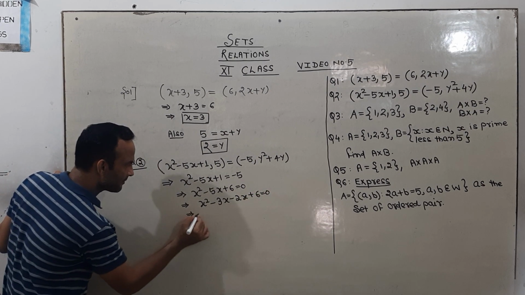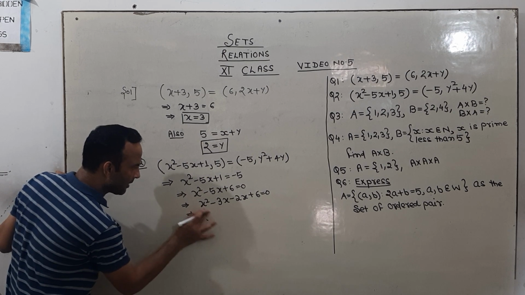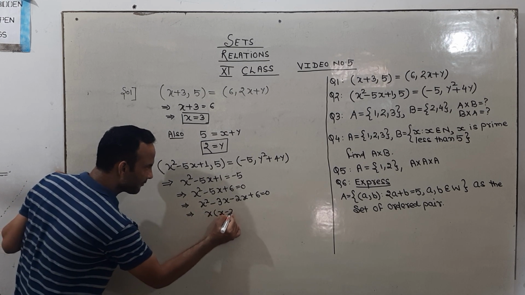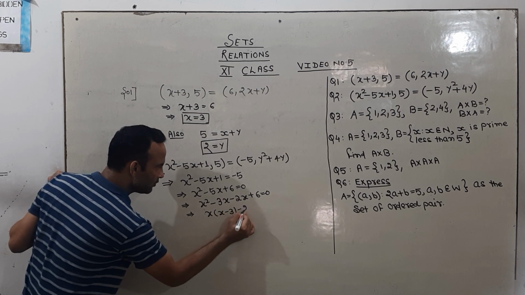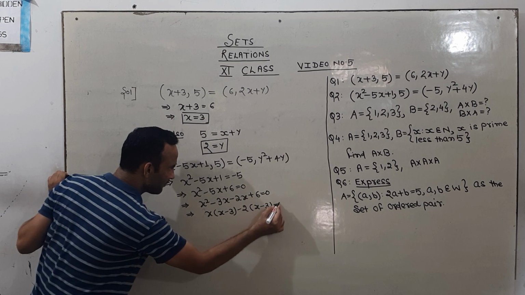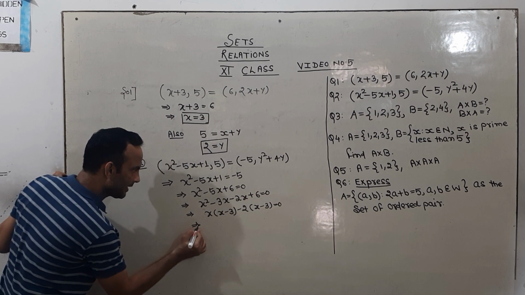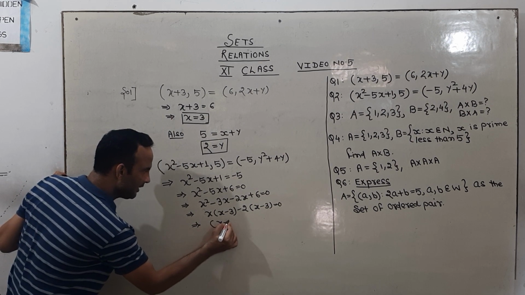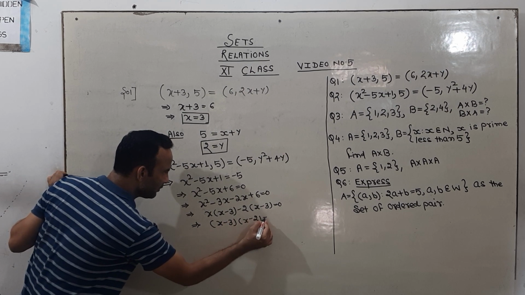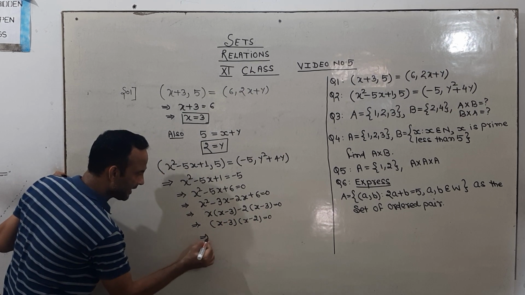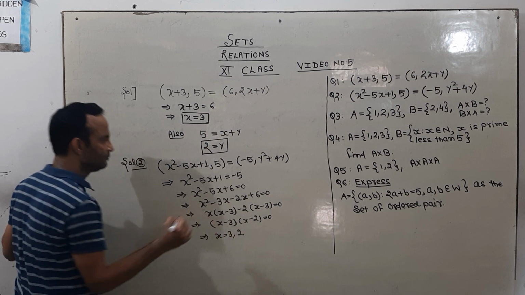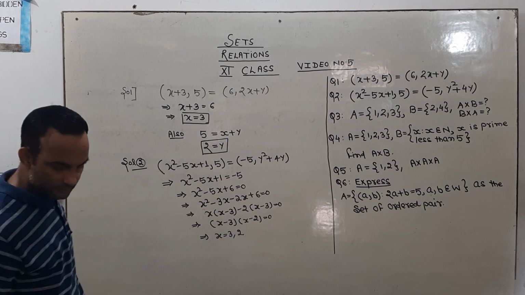Taking common x, x minus 3, minus 2, x minus 3 is equal to 0. Implies that x minus 3, x minus 2 is equal to 0. Implies that x is equal to 3 or x is equal to 2.